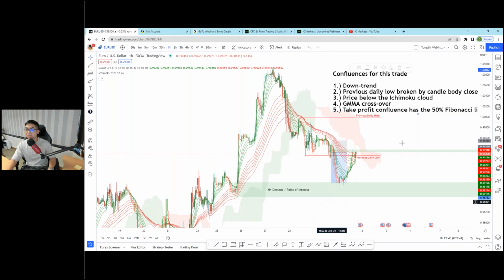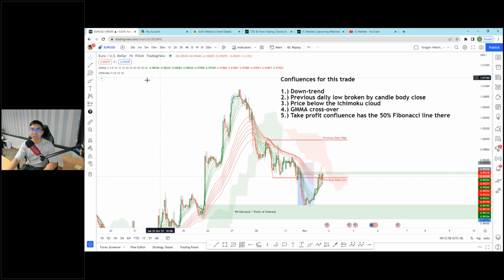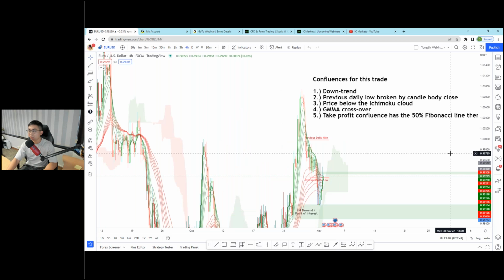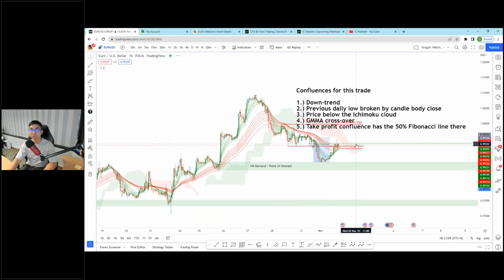Okay, Pedro, you asked when you look at the Ichimoku cloud, which time frame is most relevant? Well, it's the same thing. Looking at top-down analysis, if you look at the 4 hours, price is still above the Ichimoku cloud. But if you go down to the 1 hour, it's not the same case.